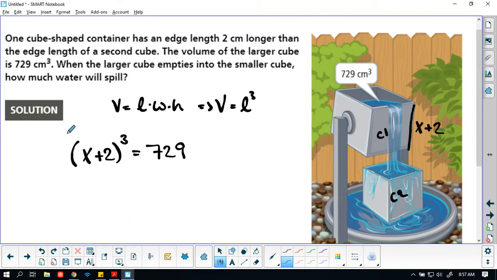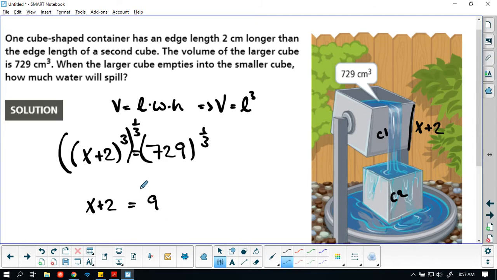All right, so again, using that concept, I'm going to raise this to the 1/3 power. And we would get x plus 2 equal to, I believe, 9. Nine cubed is equal to 729.